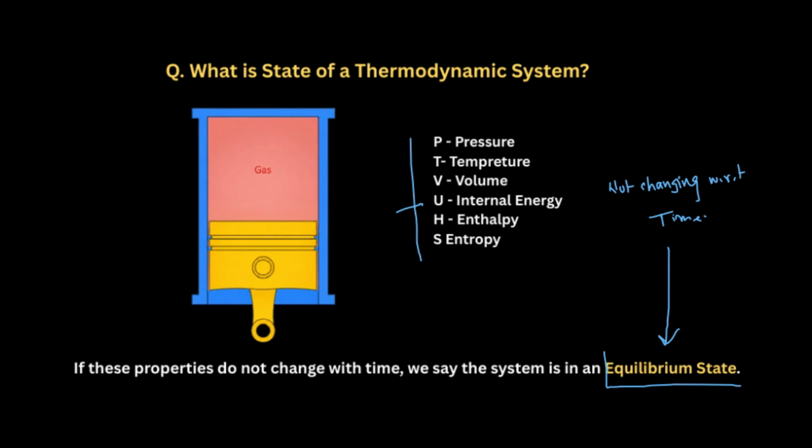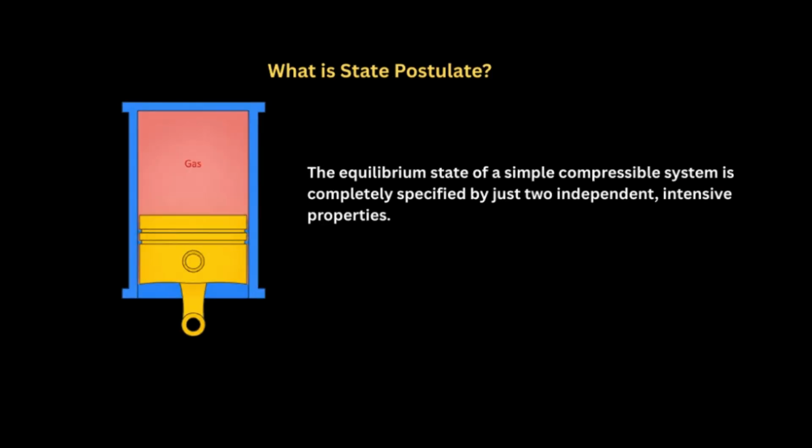But if you have to monitor each and every property every time, it is going to be a very complex, difficult task, and the subject won't be that interesting. So here the state postulate comes to the rescue.